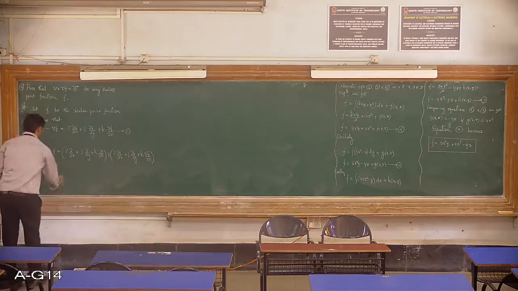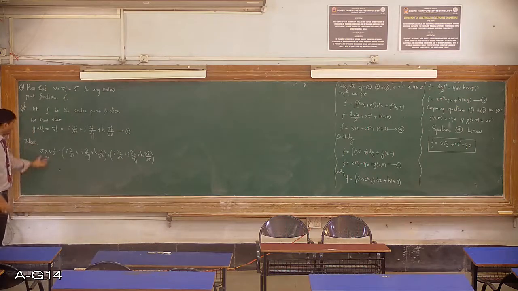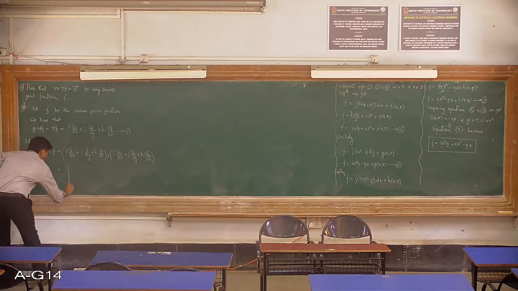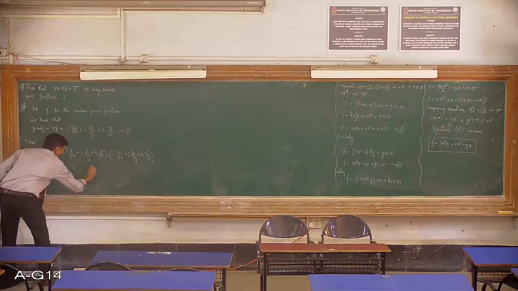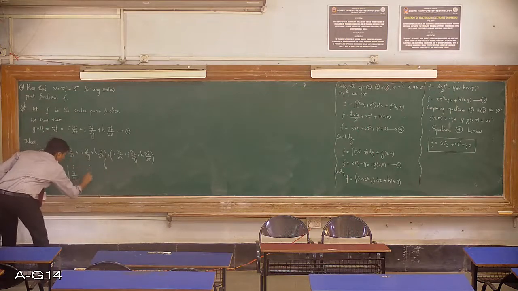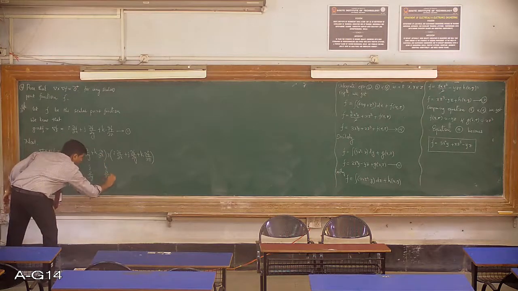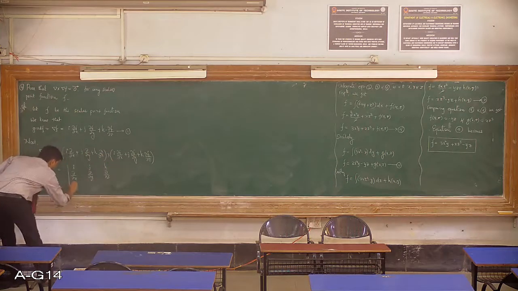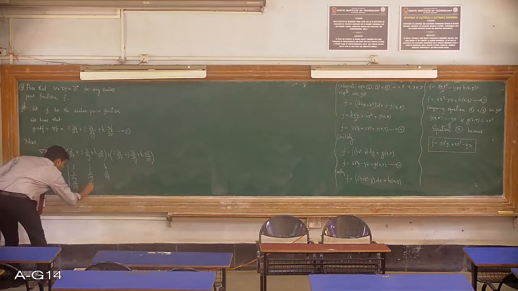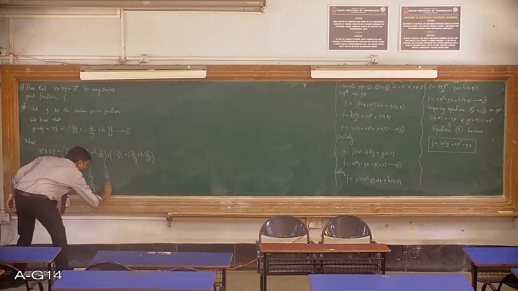While finding a curl, people have already studied this. The cross product of two vectors can be written as a determinant: i j k; dou by dou x, dou by dou y, dou by dou z; and dou f by dou x, dou f by dou y, dou f by dou z.